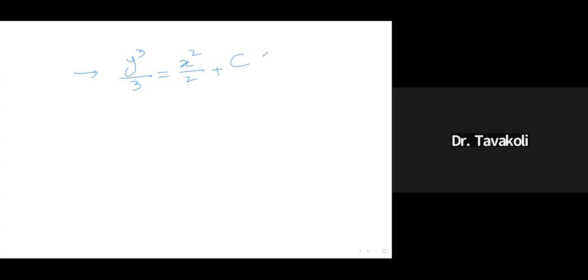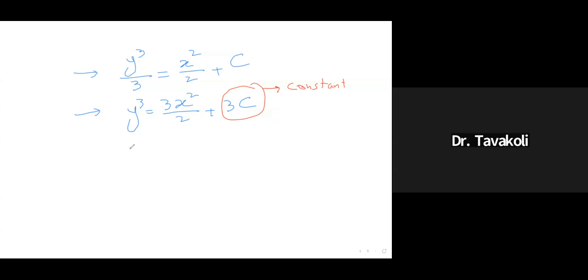So to solve for y, first let me multiply both sides by 3. So y cubed is 3x squared over 2 plus 3c. But 3c is still a constant, so I can just show it by a c.